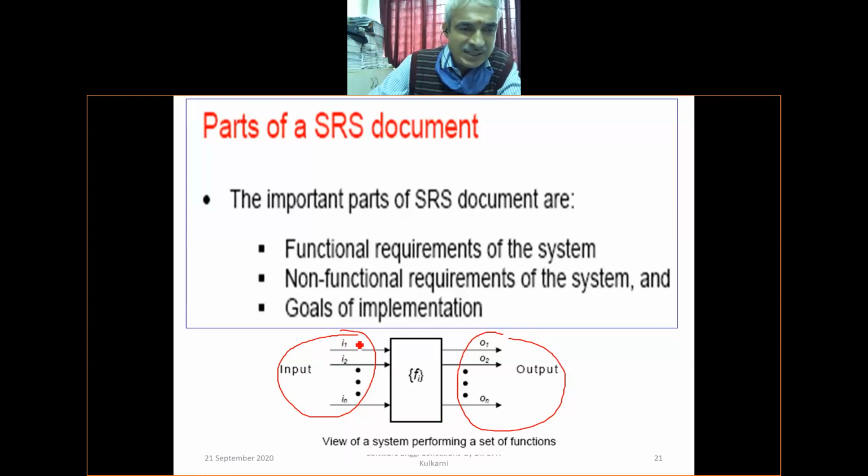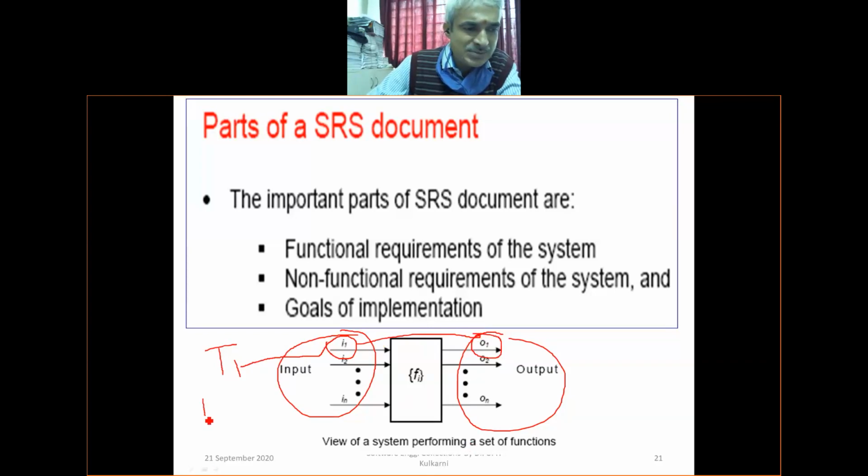Now look at that. I'll say that it is a test case, test case number one. This test case number one will take this particular input and will try to produce this particular output. This is test case number one.